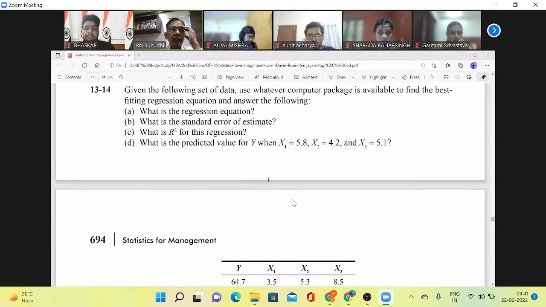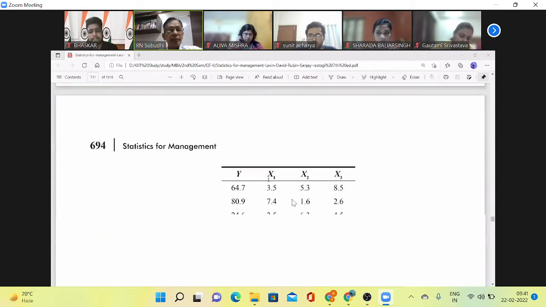So these types of questions we will cover slowly. You should remember, if data is given, you should be in a position to find the regression equation, standard error, R square, and some estimation. Okay, four types of questions today we'll discuss. So 13.14, you can note it down in your notebook. Next, page down.